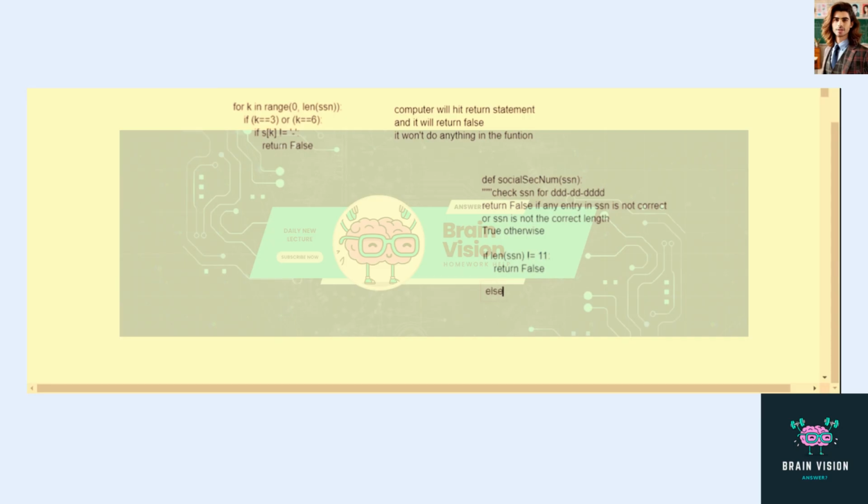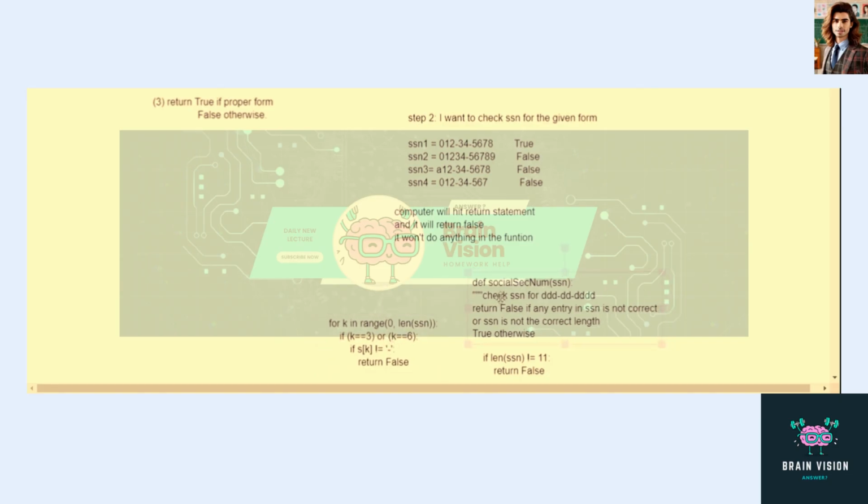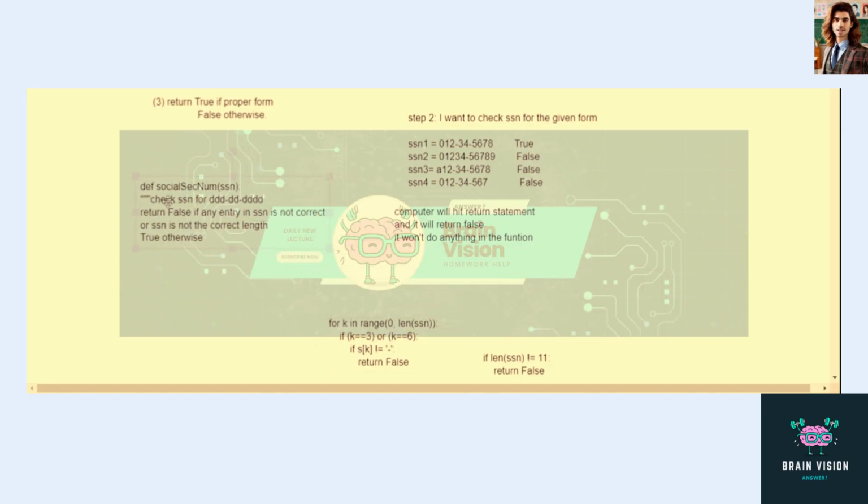So if the length of it is 11, then I'm going to first check. I'm going to go through here. If I move this around a little bit to make the screen more readable, I'm going to move this over here. Sorry about that.